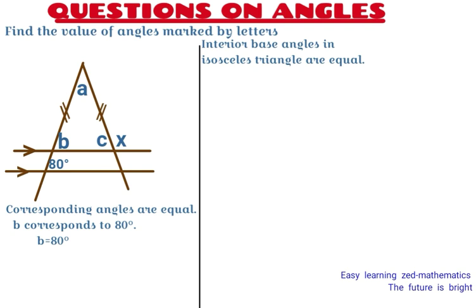Therefore we can say C is equal to B because angle B and angle C are base angles of this triangle.